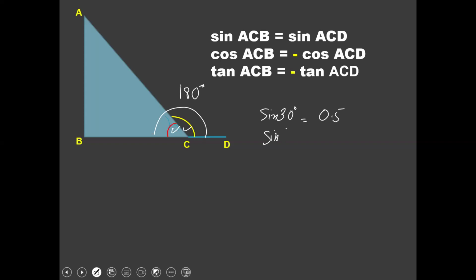Now if I subtract from 180, I get 150, and if I take the value of sine 150, I will get the same value. This is called the property of supplementary angles. If two angles are supplementary, their sine values are the same.